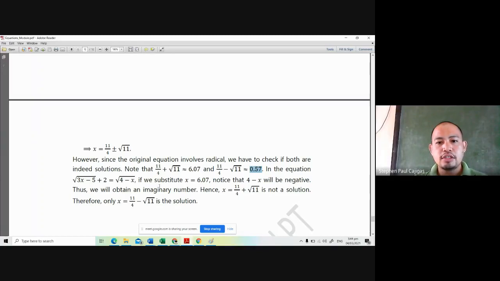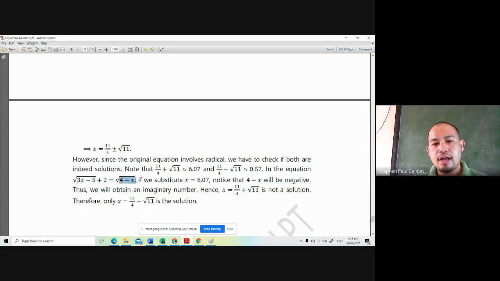Nga diyan natin original na equation, ininhiya 3x minus 5 plus 2 is equal to 4 minus x. Kung i-substitute natin inihi 6.07, 3 times 6.07, so that is 18 point something, basta sobra 18 minus 5, positive nga di.